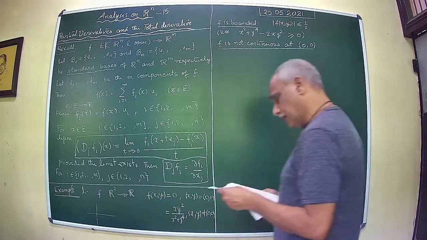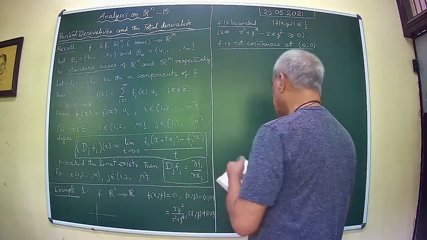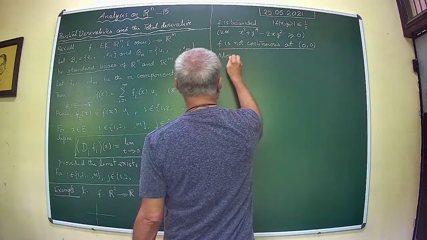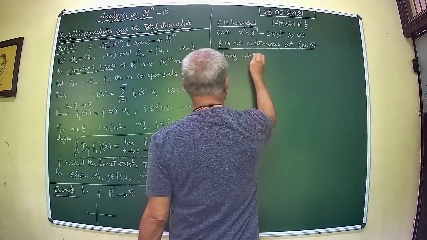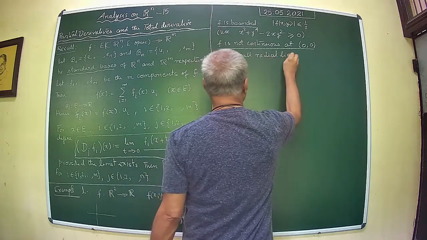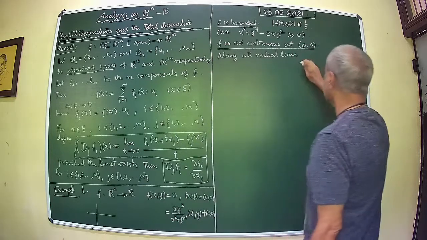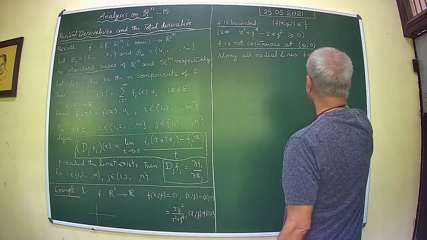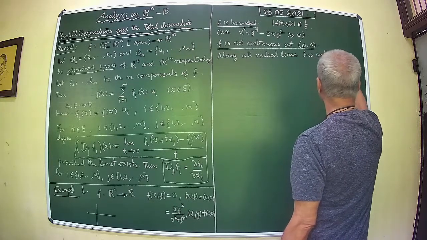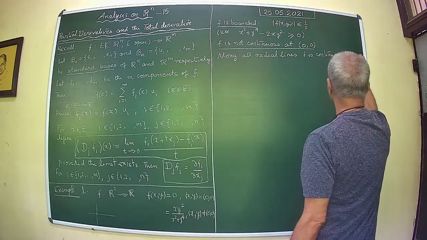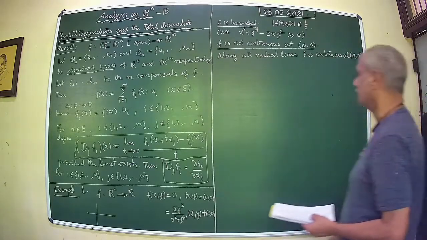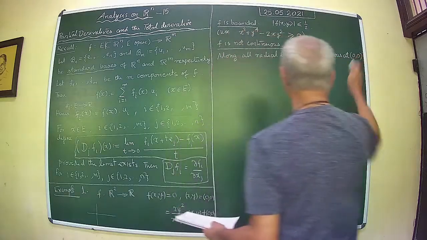In fact, we make the following observation, that along all radial lines f is continuous at (0,0). Nevertheless, it is not continuous at (0,0). This is quite easy to see.